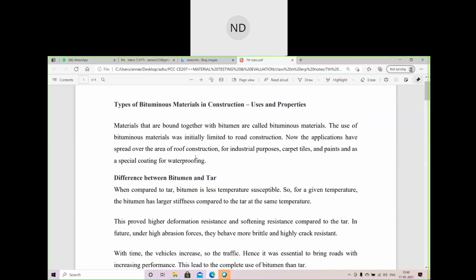Now it is visible. But I have shared my screen.